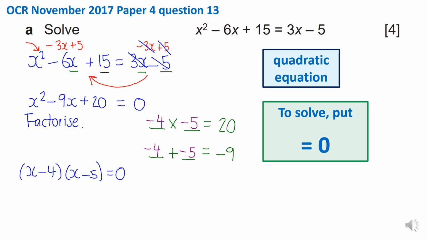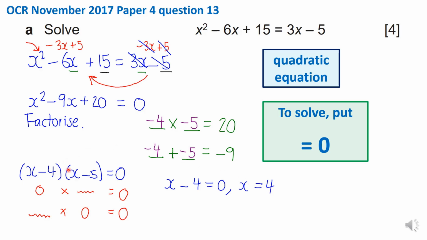To solve this, it's enough to make one bracket equal to 0, because then we don't care what the other one is. We still get 0. Or we put the second bracket equal to 0, and then we don't care what the first one is, because we get 0 anyway. So looking at the first bracket, we can write x minus 4 is 0, and that means that x equals 4.